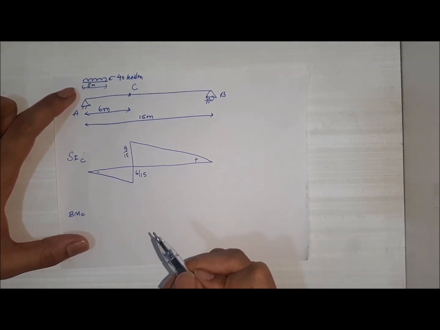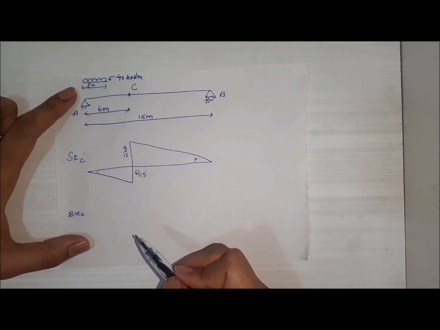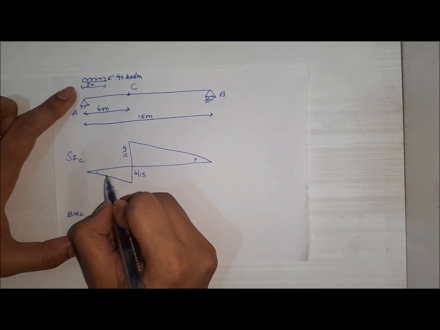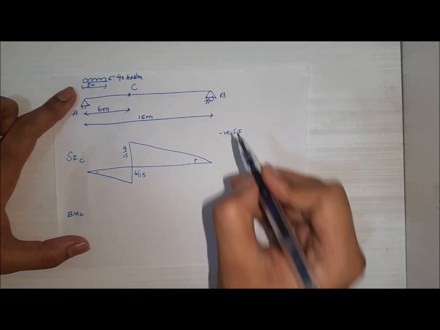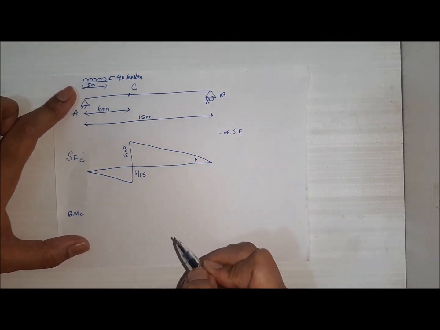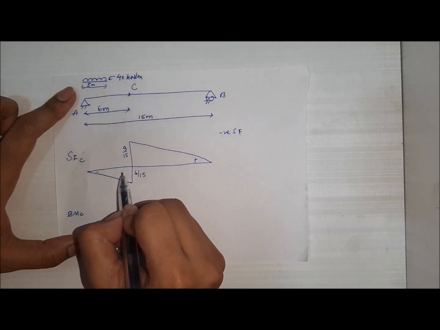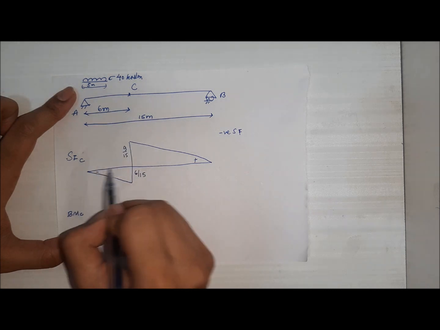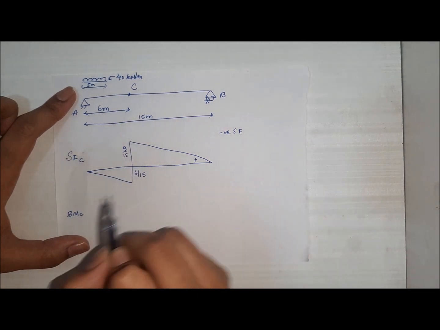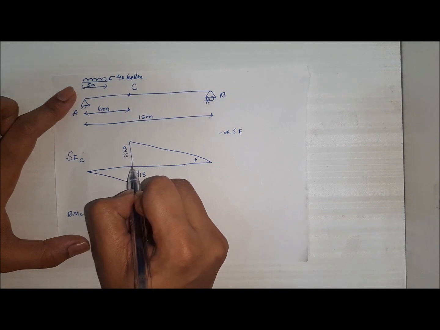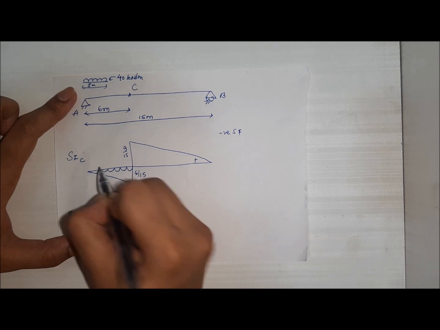Now we have to find out the shear force at the particular section. First of all, we will find the negative shear force. Negative shear force means the UDL should be in this part. Since this is 6 meters and the UDL is of span 5 meters, to get the maximum negative shear force, the head of the UDL should touch the section.